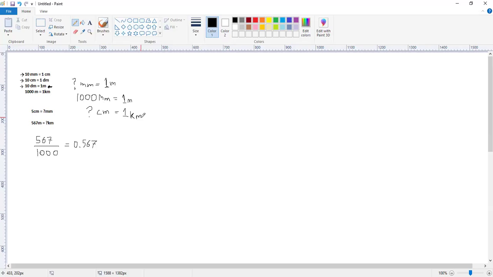Wait, no. 10 decimeter, 100 meter, 1,000 decameter, 10,000 hectometers, 100,000 kilo. Is it 100,000? Okay, that's fine. Centimeters? Yes, it should be 100,000.